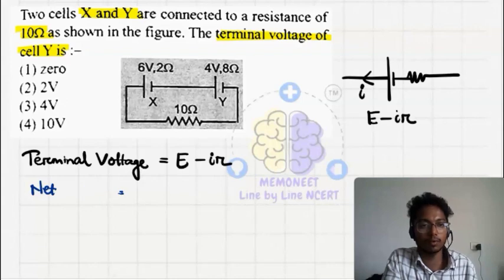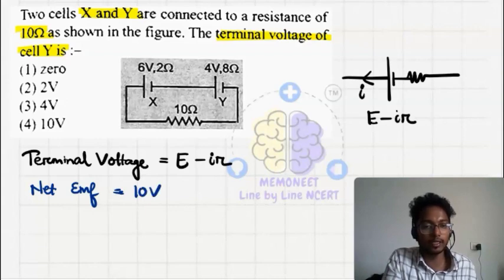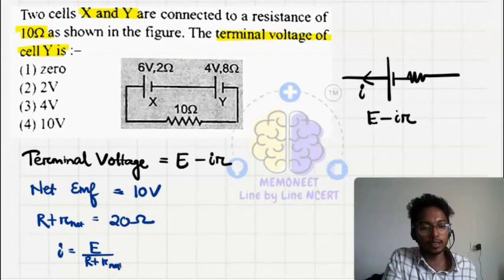Net EMF is equal to 10 volt, and the internal resistance plus the external resistance we have, that is R plus R net, equal to 2 plus 8, that is 10, plus 10, 20 ohm. So the current I is equal to E upon R plus R net, that is 10 upon 20, it is 1 by 2 or 0.5.